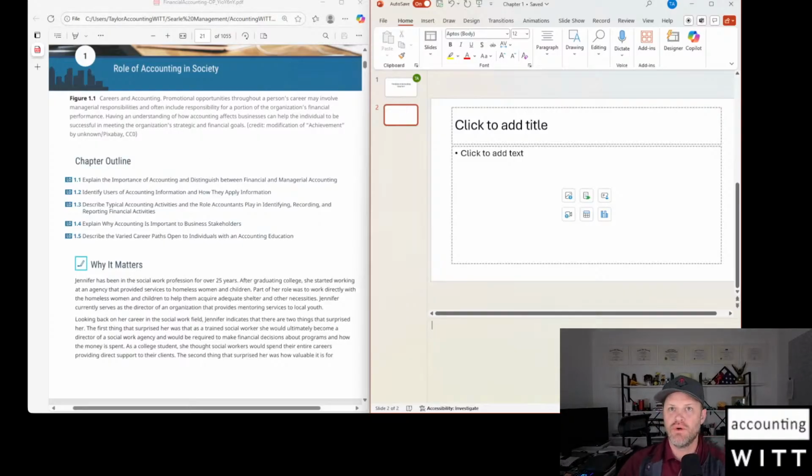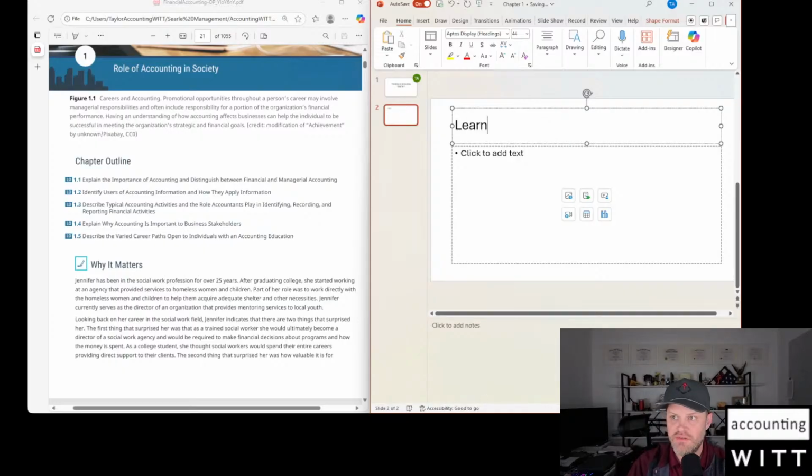So, chapter 1. I like to start by identifying the learning objectives.